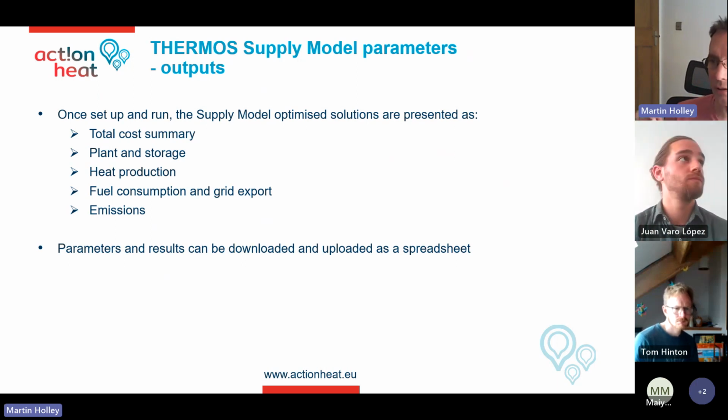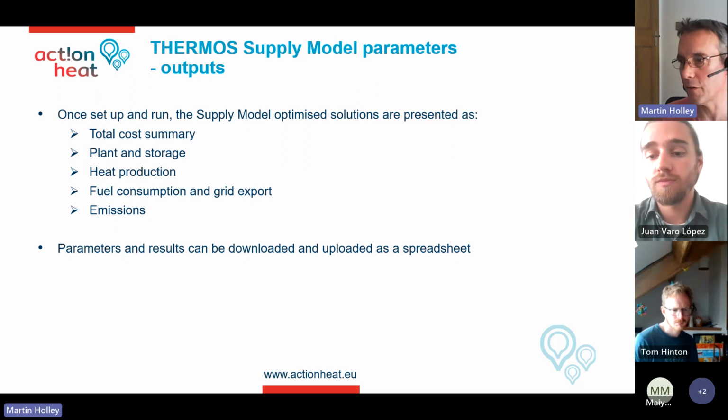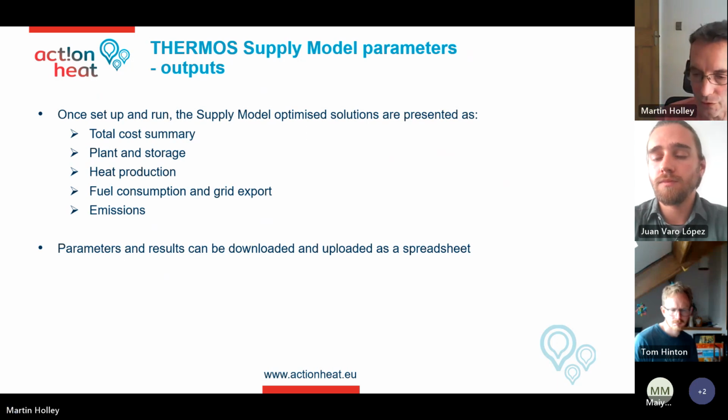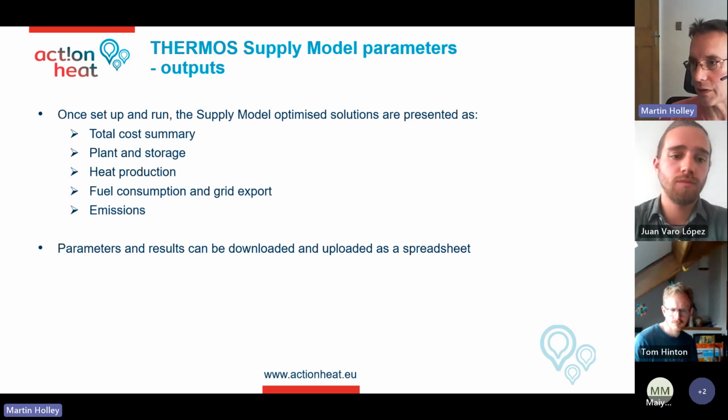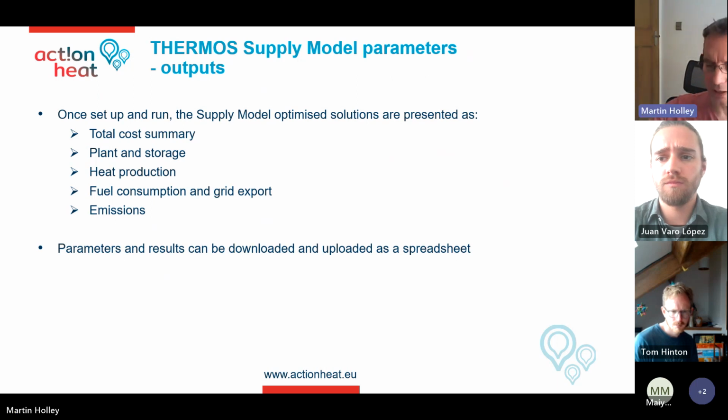And you can upload and download data as a spreadsheet, similar to the network optimization model, which saves a lot of data entry. You can download a spreadsheet, make some changes and then upload it to speed things up in your setting of scenarios.